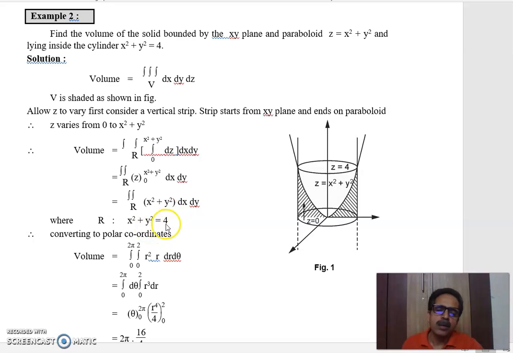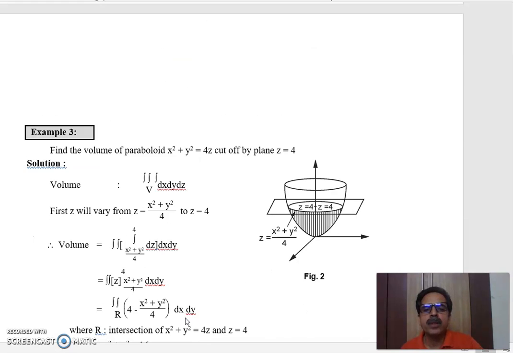So r square becomes 4, so r becomes 2, means limit of r for the complete circle is 0 to 2, while limit of theta becomes 0 to 2 pi. So you need to transform this Cartesian double integral into the polar double integral, and here all limits are constant and the function is variable separable. So this double integration is a product of two single integrals, hence we can evaluate and get the answer of the problem.